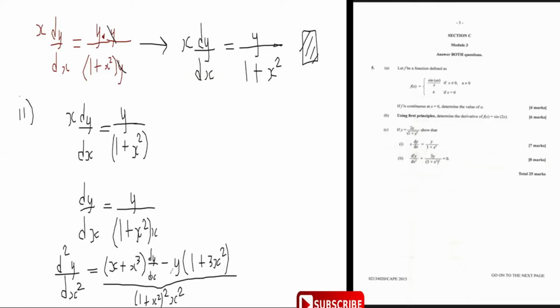Let's simplify this. I can separate them as two separate fractions.